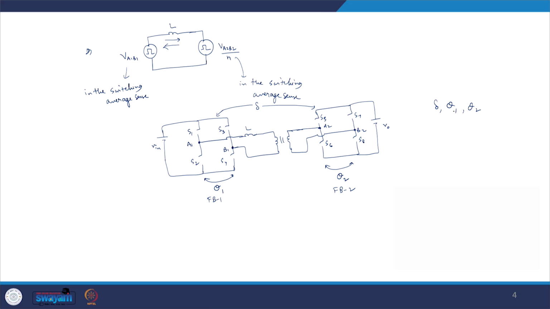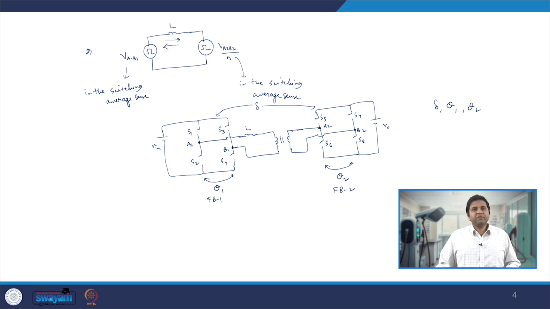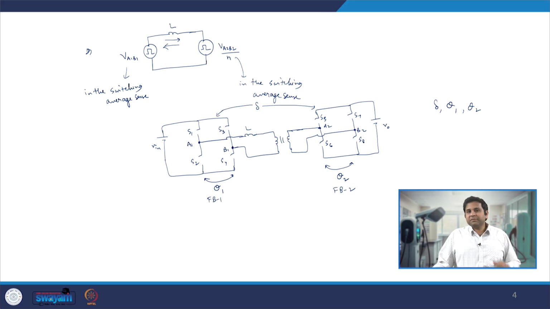So theta 1 is the phase shift given in the half bridges of full bridge 1, while there is another possibility to provide a phase shift between the half bridges of full bridge 2. So with these three phase shifts, we can achieve different kinds of modulation schemes.